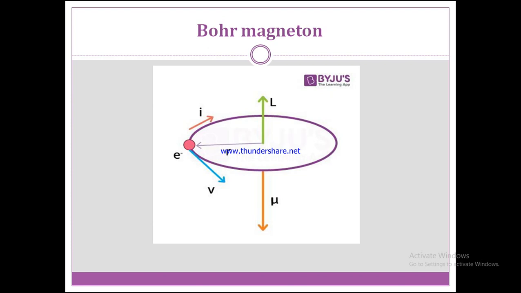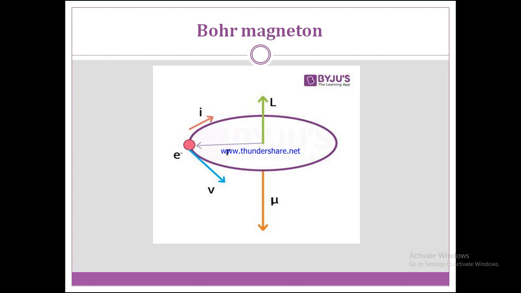The definition of permeability is that permeability is the ability of a material to easily allow the magnetic lines to pass through it.